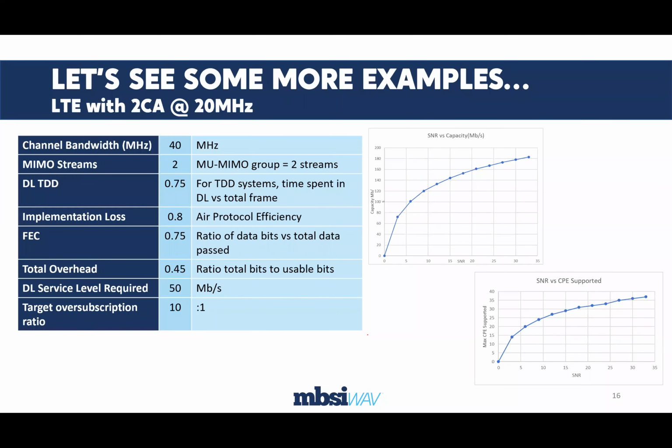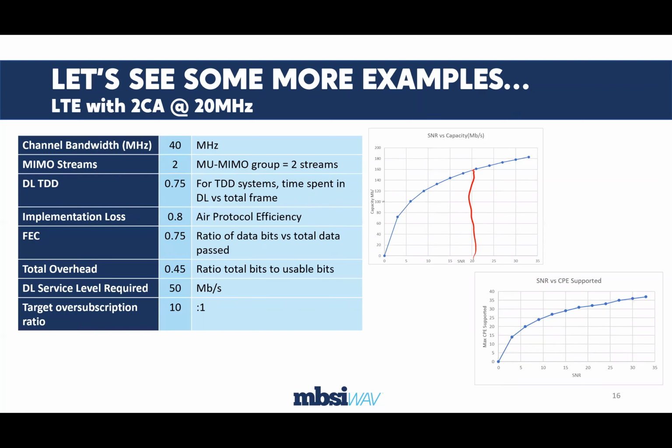If I take LTE with carrier aggregation, which is our way of increasing our spectrum, and there's only one group, for example, the difference between the 40 megahertz spectrum and the 20 megahertz spectrum, now with only one MU-MIMO group I'm actually at a higher throughput.